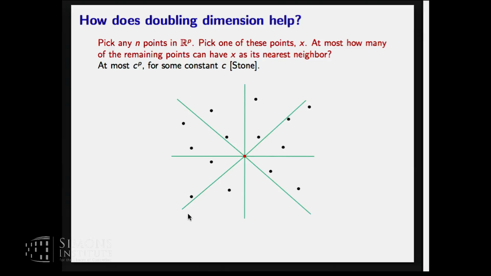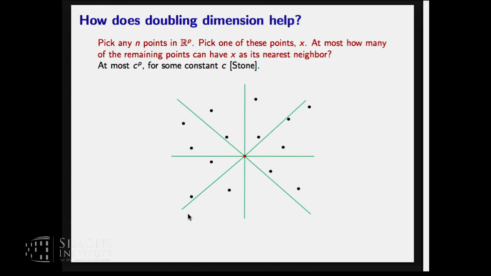These cones are so thin that within each cone, only one point can have x as its nearest neighbor. This point can have x as its nearest neighbor, but anything else would actually be closer to this point because the cone is so thin. I think the angle has to be like 30 degrees or something like that. And so you get this cover by these very thin cones. The cones have a fixed angle, so the number of cones you need is just like 2 to the d or 6 to the d or something like that. Okay, so that's the argument.